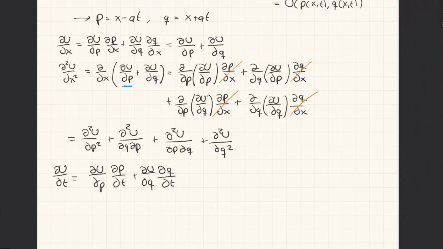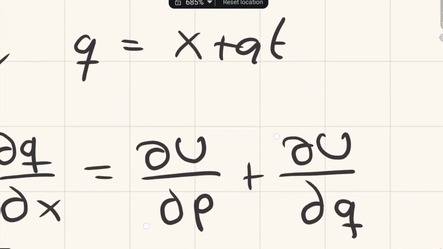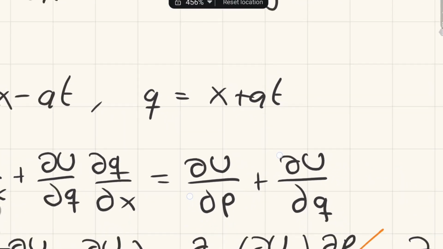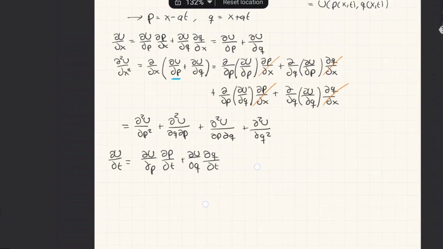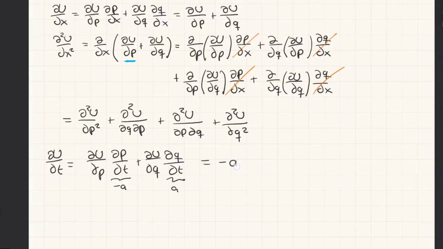We have to be careful because the derivative of p with respect to time is equal to minus a, and the derivative of q with respect to time is equal to a. So let me rewrite this as minus a times the derivative of u with respect to p, plus a times the derivative of u with respect to q.